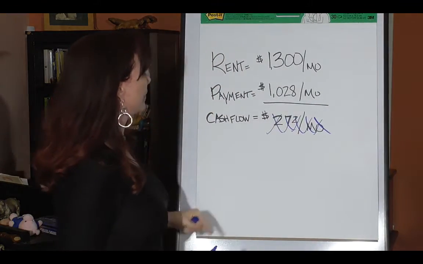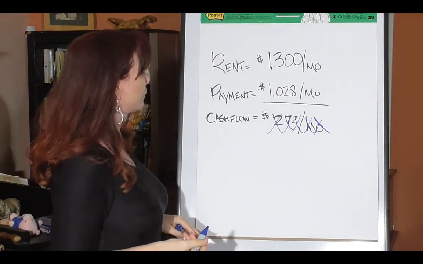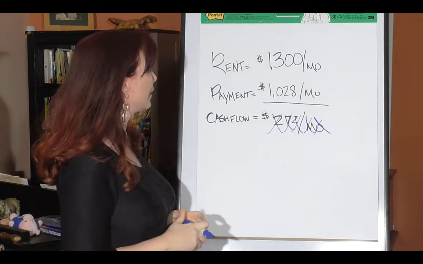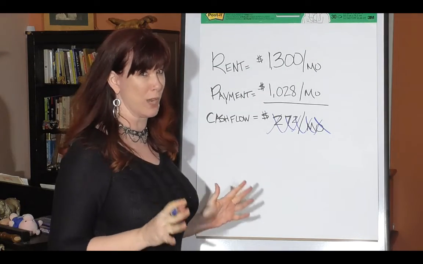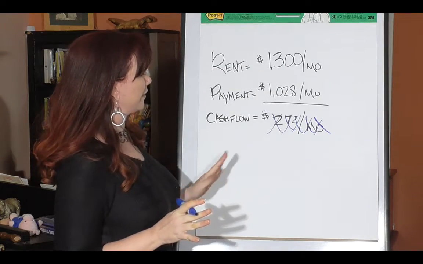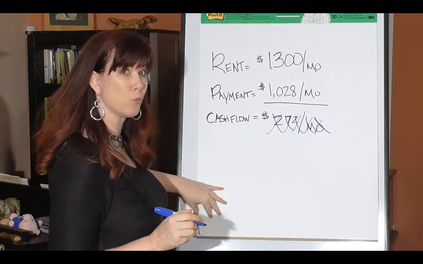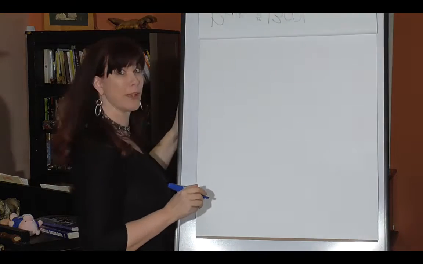The cash flow on this property is not $272 a month. In fact, the cash flow on this property might be negative because there are some things we do not know here. And even with what we do know, there's just no cash flow in this deal. So let's talk about the right way to figure out what cash flow is on a single family home.